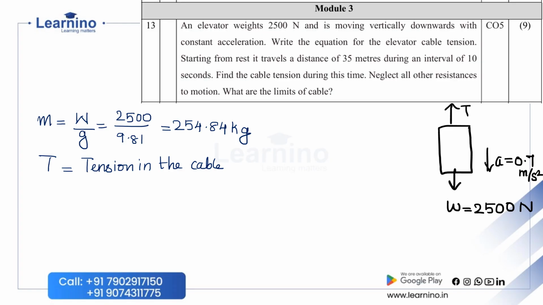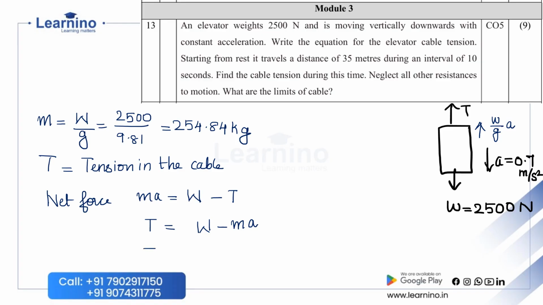Next I need to apply Newton's second law of motion. Here the acceleration or the movement of the lift is in the downward direction, so my inertia force is acting in the upward direction, that is W by g into a, acting upward. So I can write net force, mass into acceleration, is equal to W minus T, and from this we can write the equation for tension, that is W minus mass into acceleration.